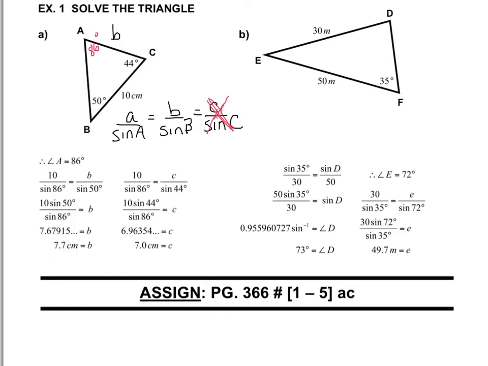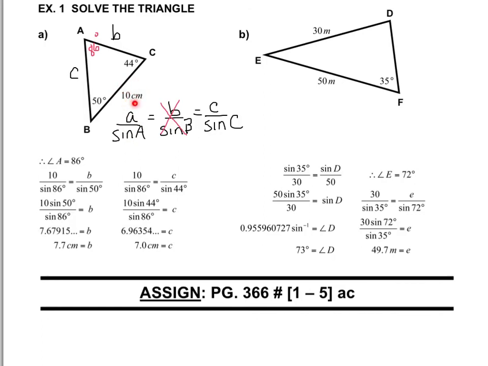The next one we're going to do is we're going to solve for lowercase c. So right here, we need to find that angle. When it says solve the triangle, you have to find everything. So at this point, we're going to go back to the original A and sine A because we were given the 10.